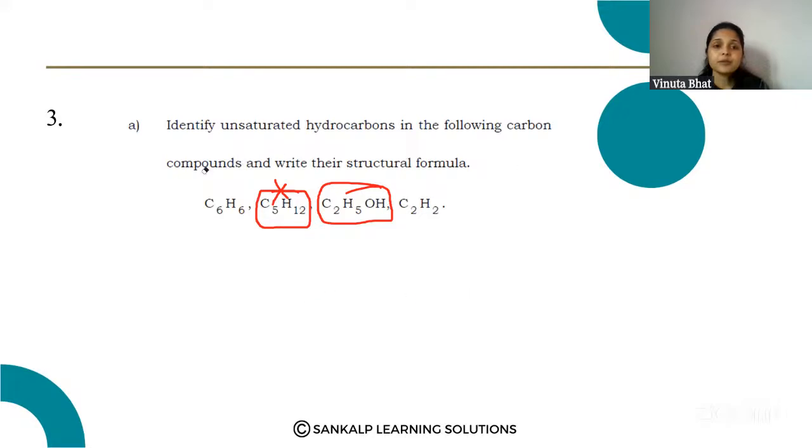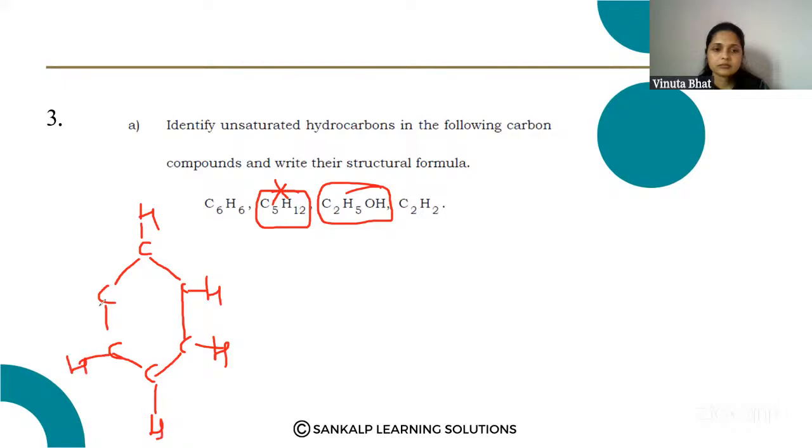Now write their structural formula for the unsaturated hydrocarbons. Benzene has 6 carbon atoms and 6 hydrogens, with double bonds.